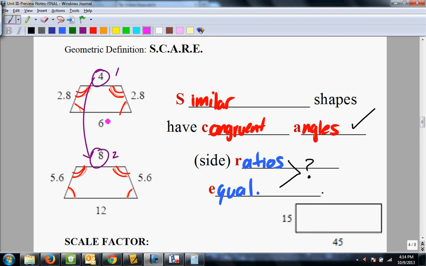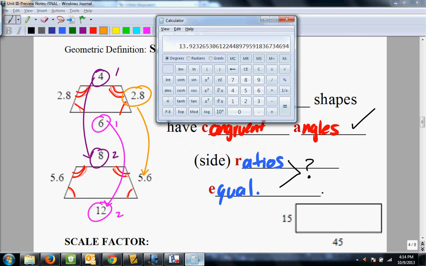Let's check another set. Ready? Circle the 6. Find its match, which is 12. 6 goes into 12 twice. So again, we have a 1 to 2 ratio. Let's check another one. Circle 2.8 and 5.6. If you can't do the math in your head, you can just see if 5.6 divides by 2.8 twice, and it does.